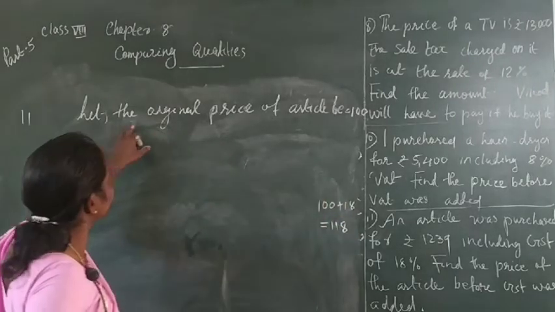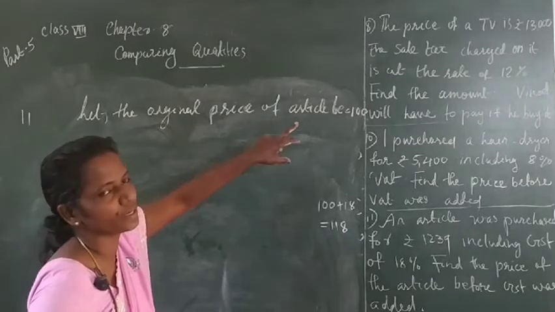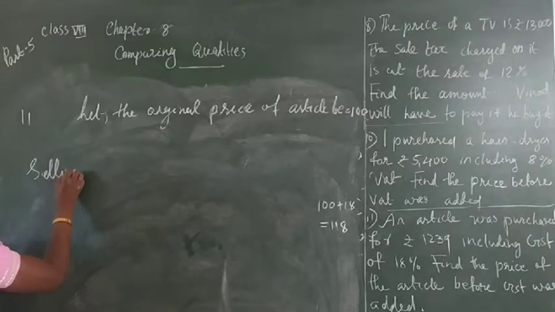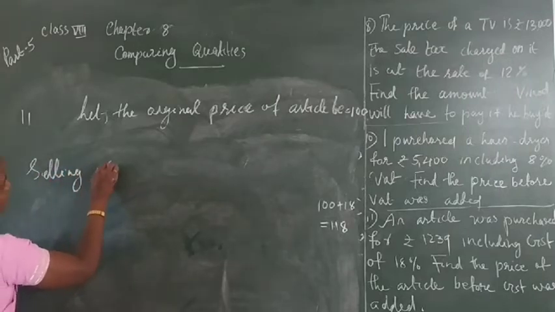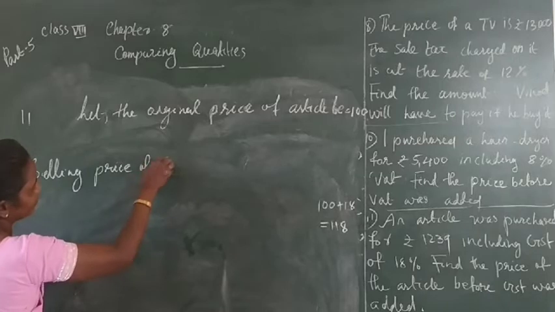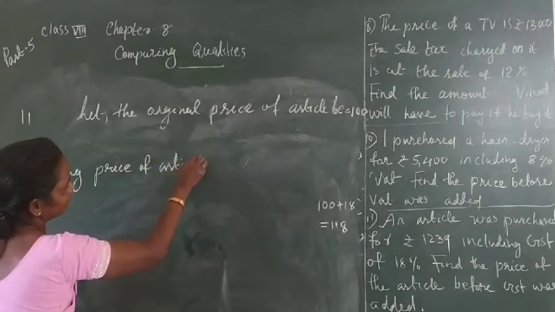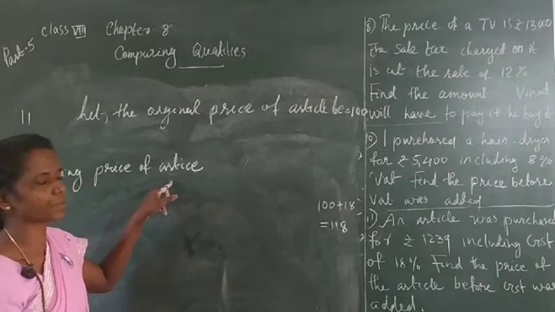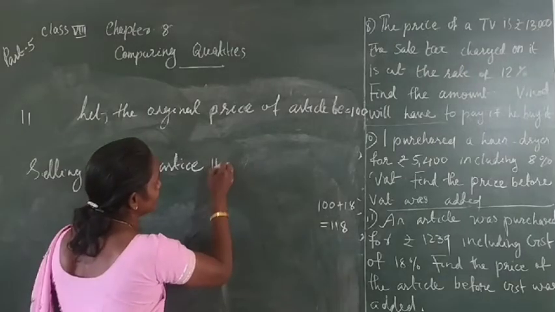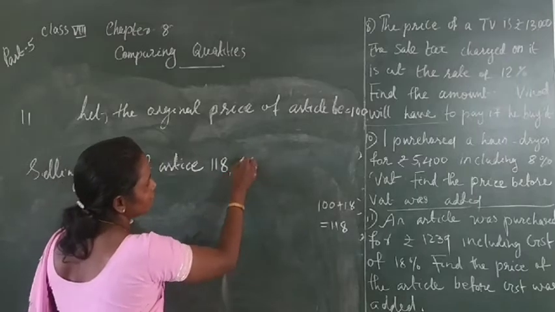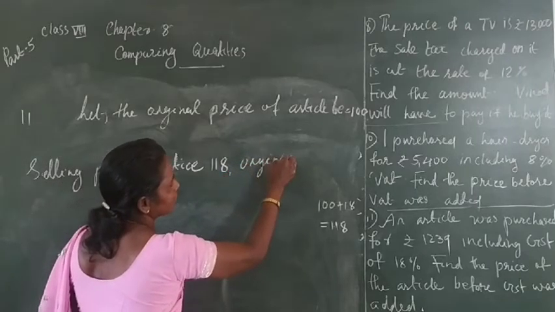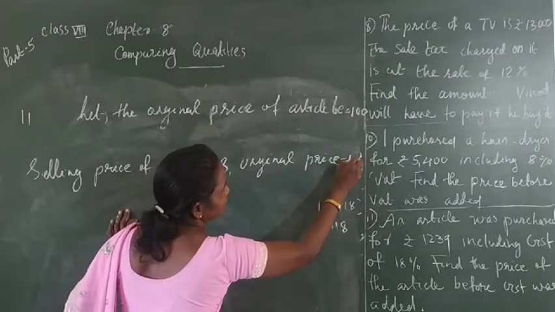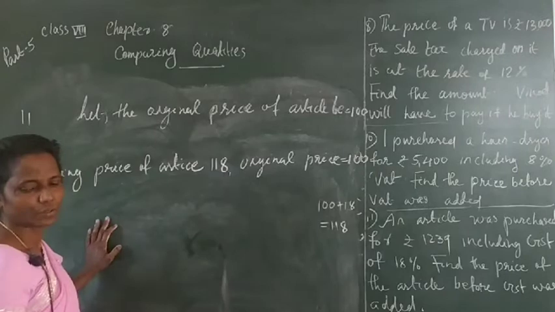So we can write it here, let the original price of article be 100. Then selling price of article, means tax included price, is equal to here 118. Then original price is equal to 100 rupees.